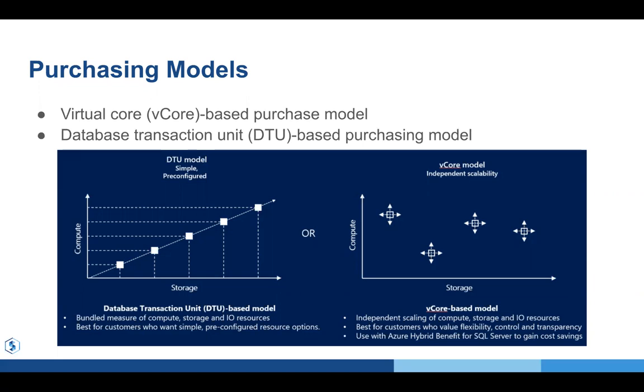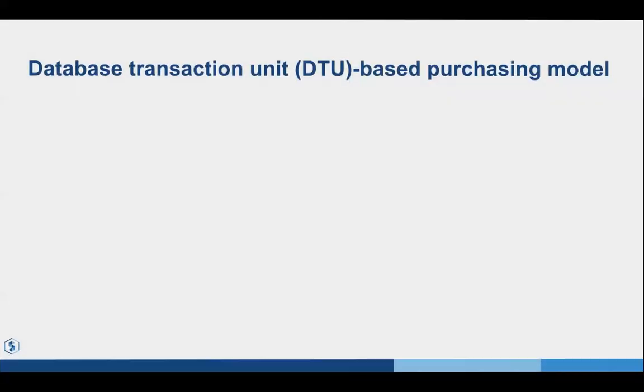But at the end, it's the same for us for performance. We are going to try to reduce costs instead of just adding more power to the Azure SQL instances. So we're going to focus on the DTU-based purchasing model.